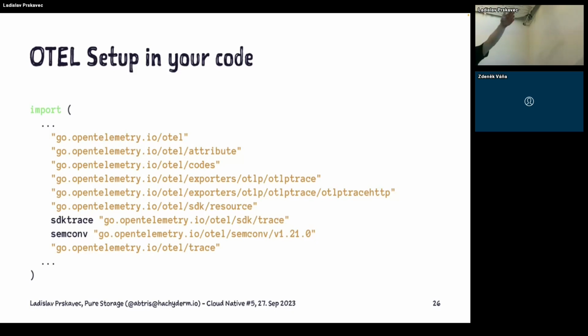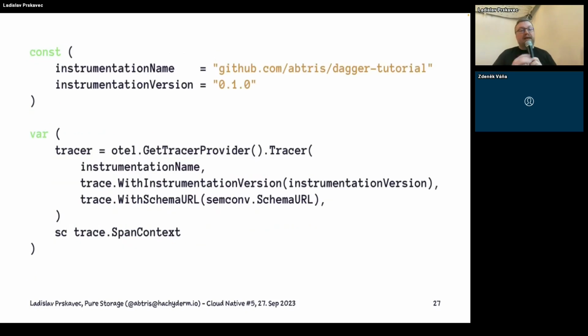You have semconv, that's usually the semantic conventions, how versioning works. There are libraries for attributes, events, and other things. What is important, for example, I am using HTTP, so I don't need the gRPC part. That's the separation. I make some instrumentation name, that's just some constant. I make some instrumentation version, that's up to me.